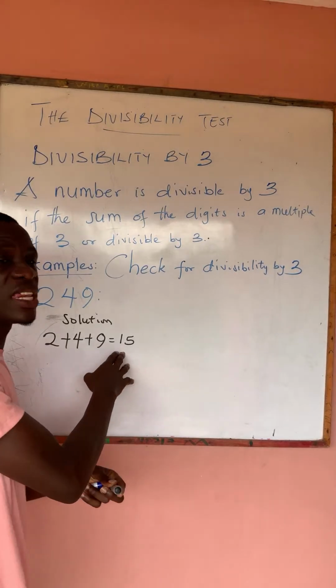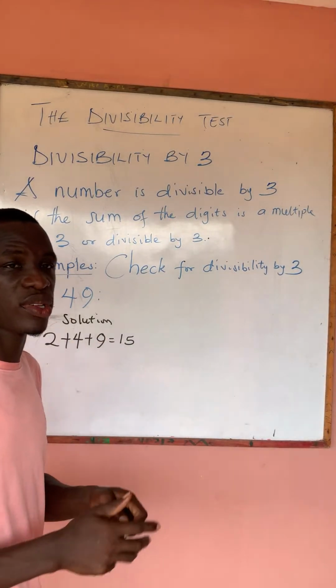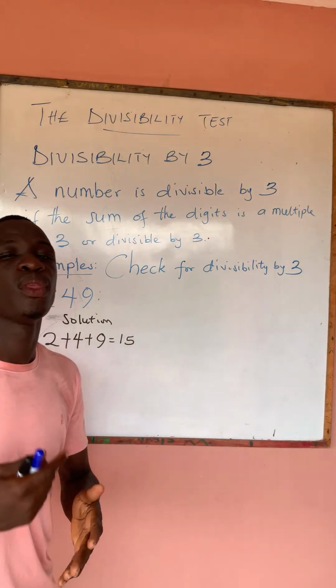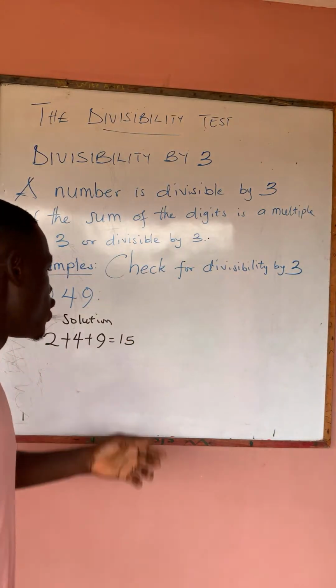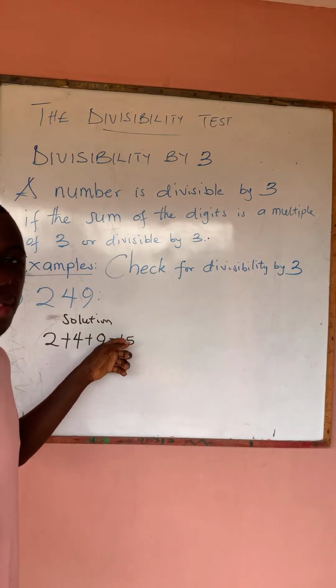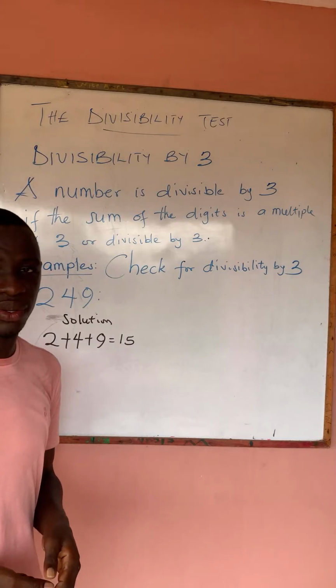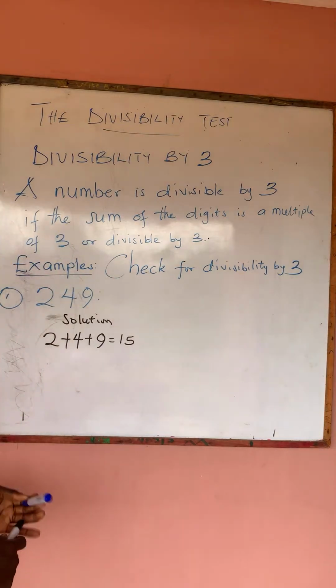Now, is 15 divisible by 3? Yes, because 3 can divide 15 5 times. And by implication, 3 times 5 is equal to 15. So since 15 is divisible by 3, then that means that 249 is divisible by 3. Okay? So we write our conclusion.